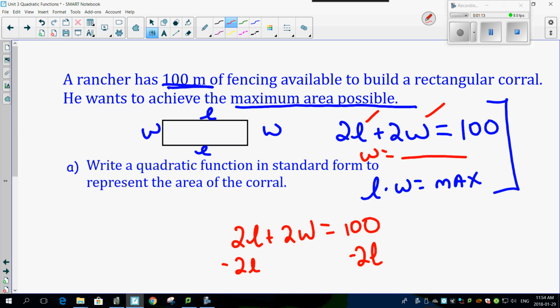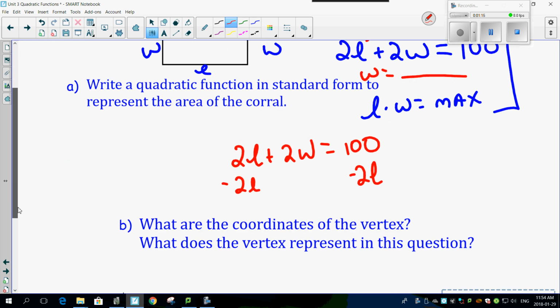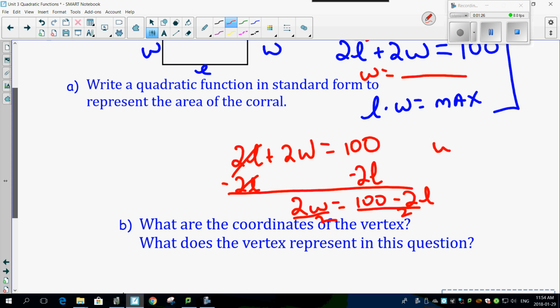I got rid of my L's, right? I got 2W now equals 100 minus 2L, and now I can divide the whole thing by 2. So I've got W equals 50 minus L, because remember, the 2 goes into the 100 and the minus 2. So that's my formula here.